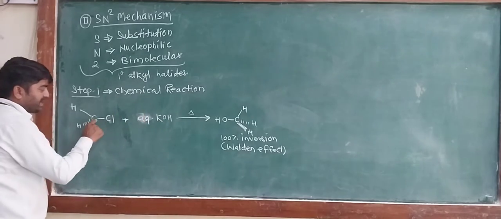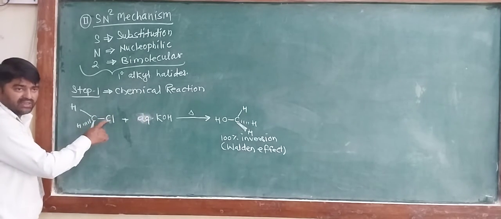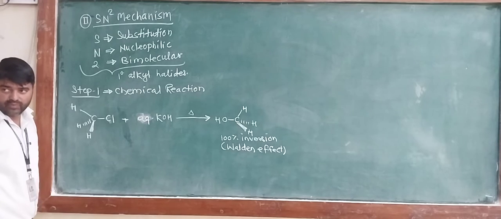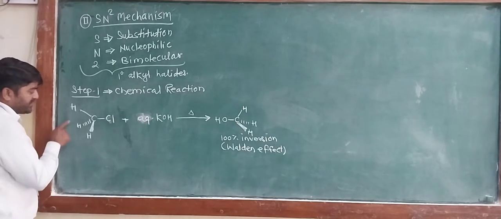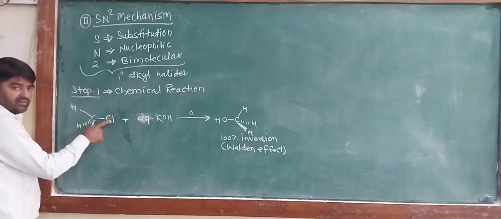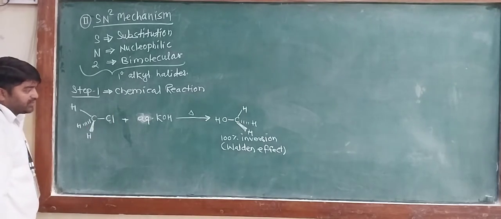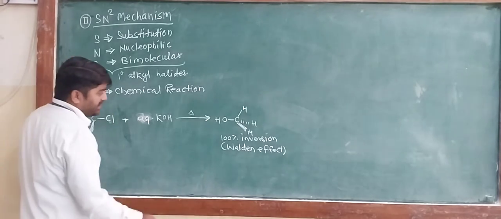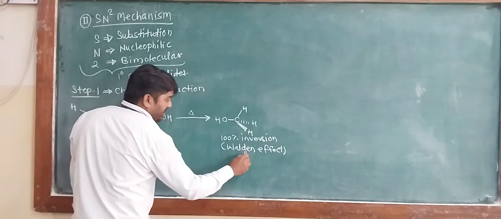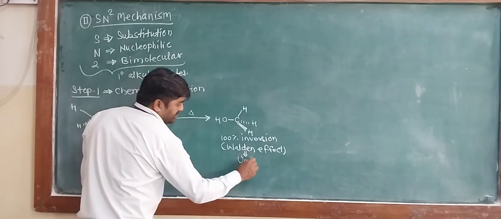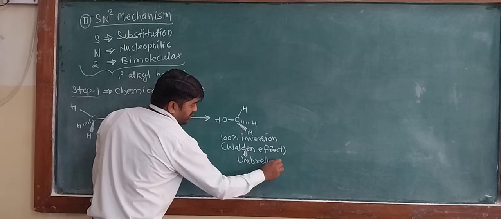If OH is attacking from the same side of the leaving group, then it is called retention of configuration. If OH minus attacks from the back side, then we have the Walden effect of inversion of configuration, or it is called the umbrella effect.